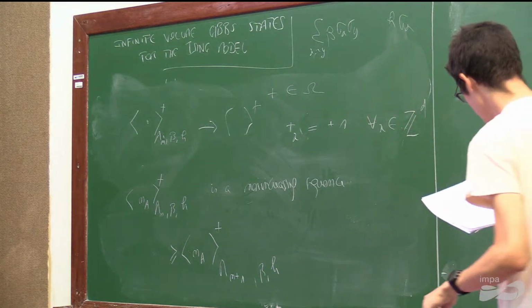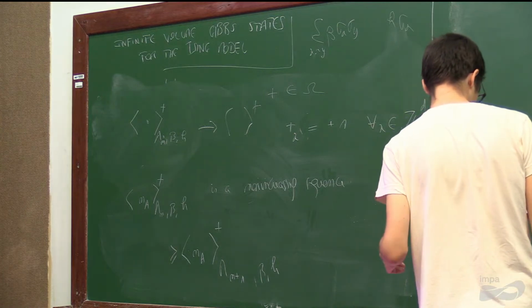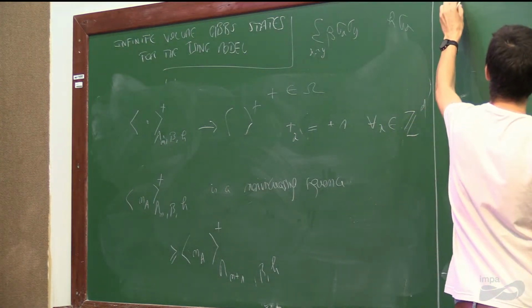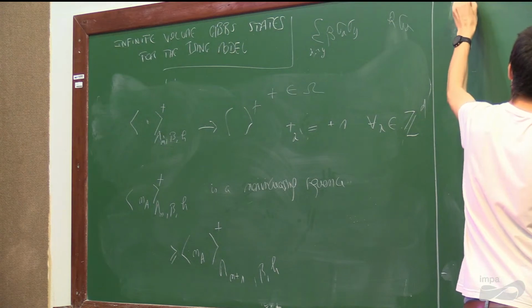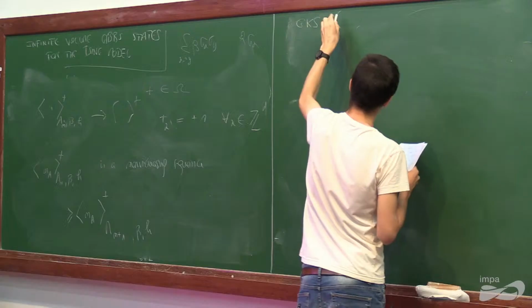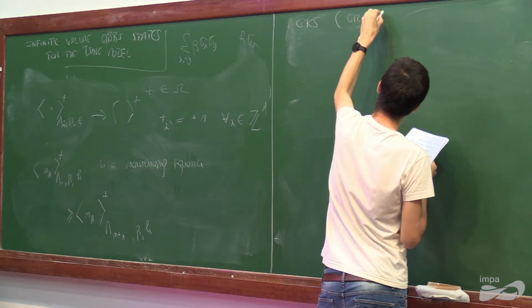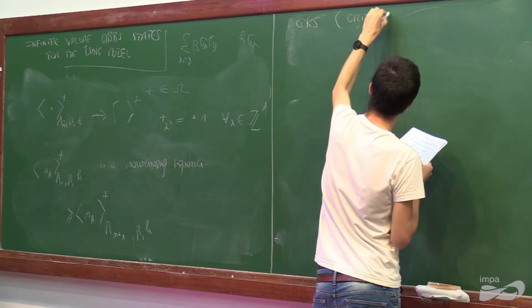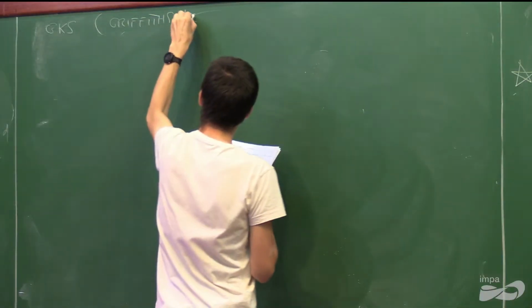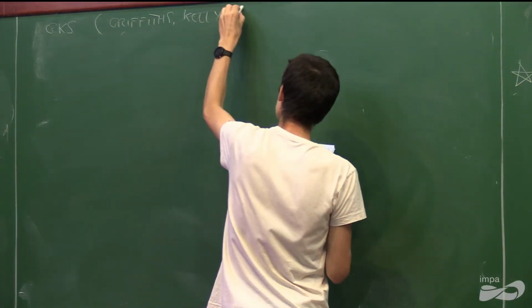Okay, so we have two correlation inequalities. The first is GKS, which is Griffiths, Kelly, and Sherman.